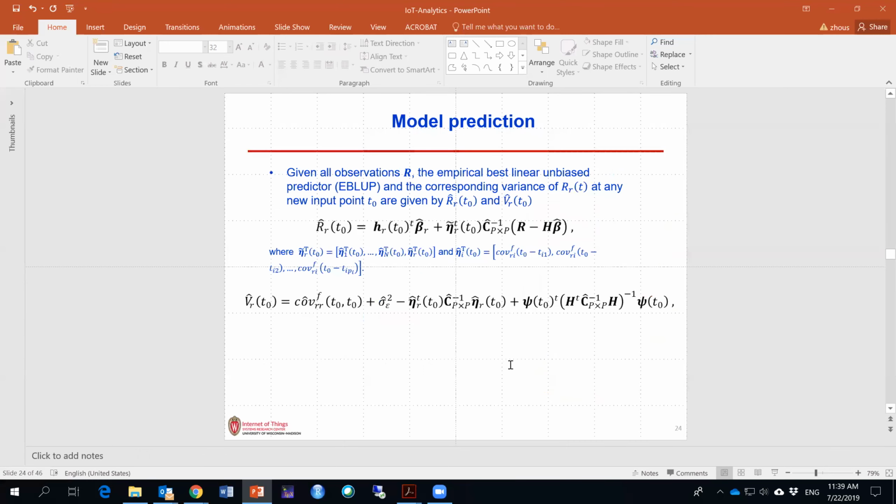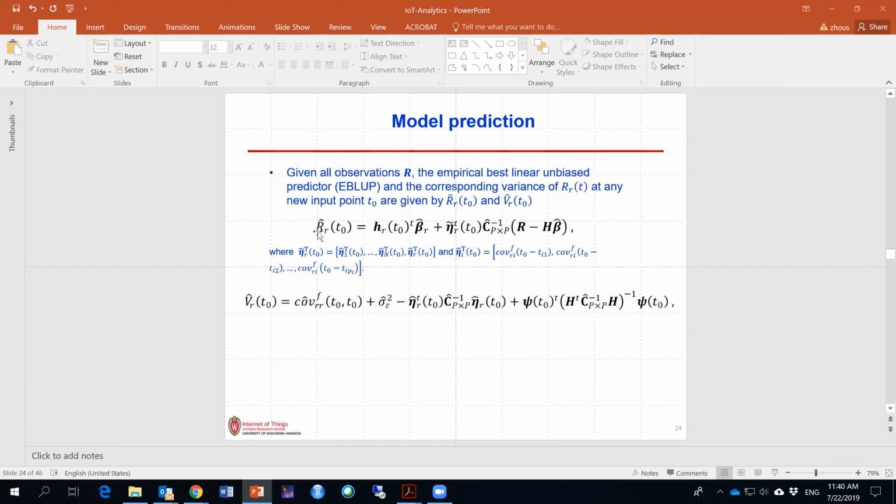After we get this parameter estimation, we can do the prediction. And the prediction actually is similar to the single univariate Gaussian process prediction. Essentially, we use the covariance between the point we want to predict and the existing observed data points, and use all the observed data points to make the prediction. So this is essentially the formula. The formula looks complicated, but it's very easy to interpret.